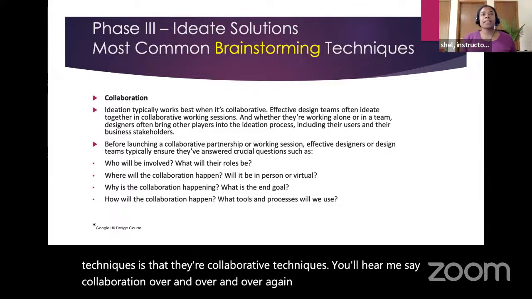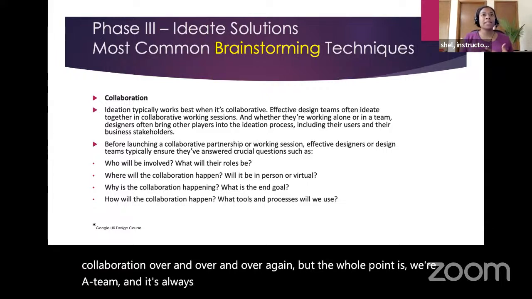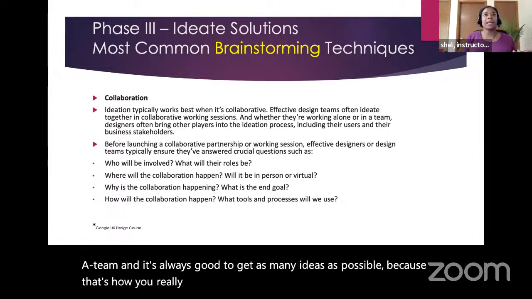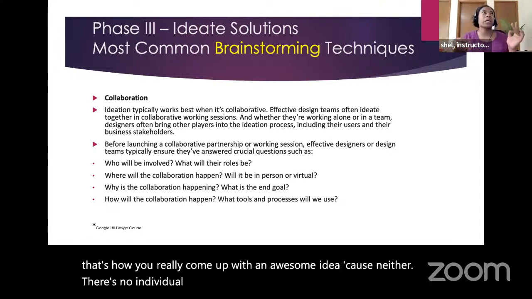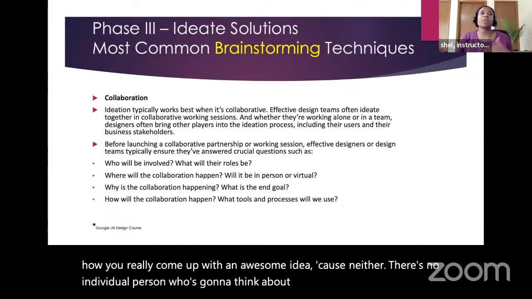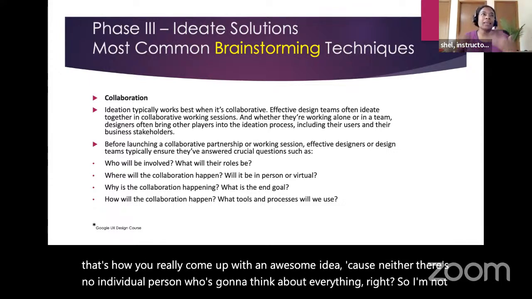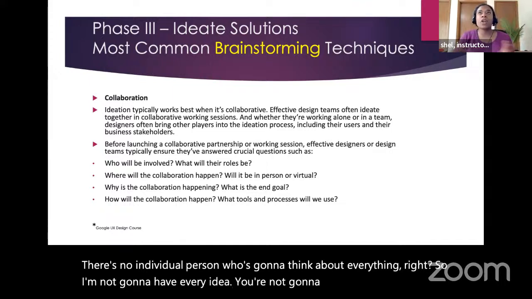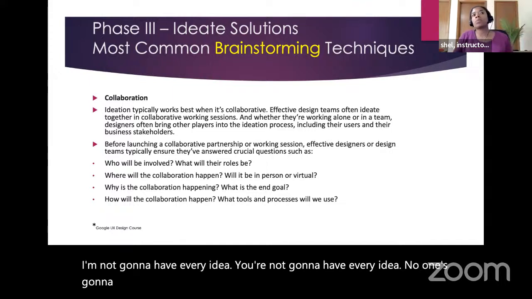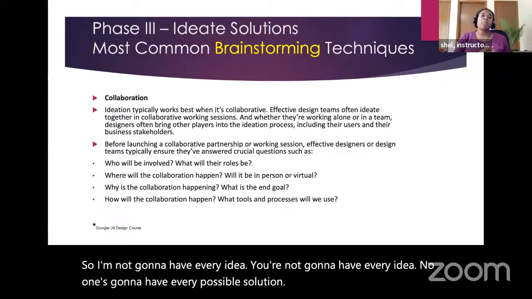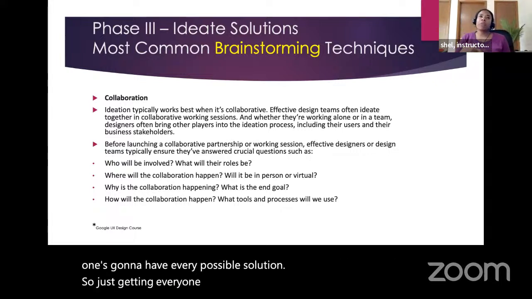The whole point is we're a team, and it's always good to get as many ideas as possible, because that's how you really come up with an awesome idea. There's no individual person who's going to think about everything, right? I'm not going to have every idea. You're not going to have every idea. No one's going to have every possible solution. So just getting everyone's input helps.